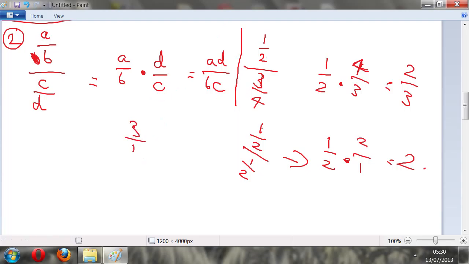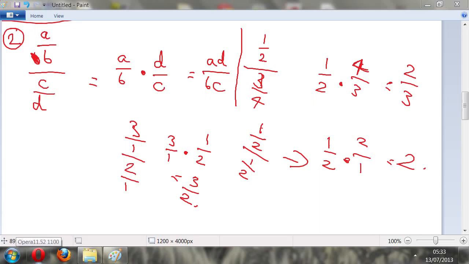What about we do 3 divided by 2? All right. This is 1.